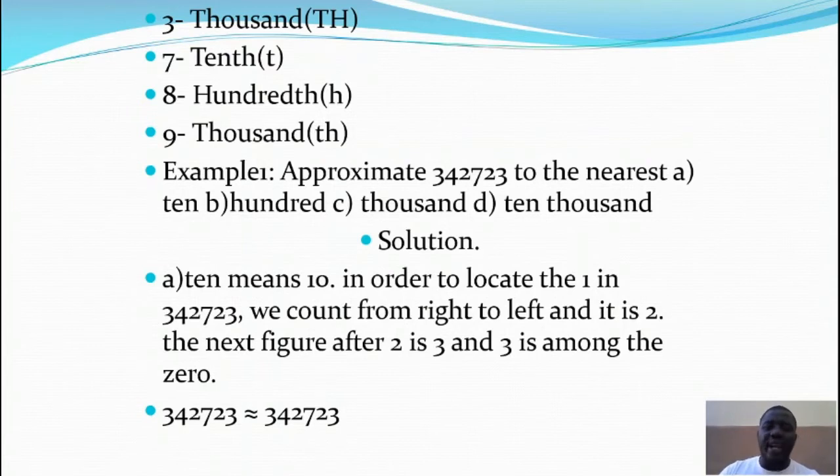So 2 is at the 10 position. When we have 2 as our required point, the next thing you are looking at is the figure after the required point. So if 2 is our required point, then the figure after our required point is 3.